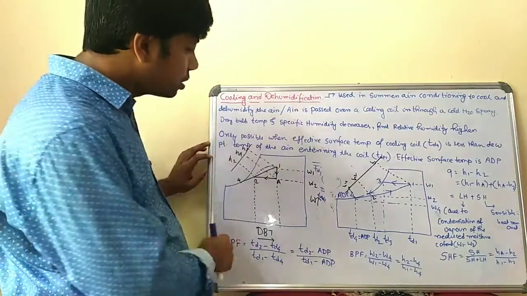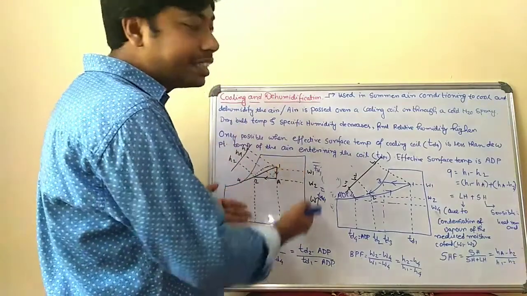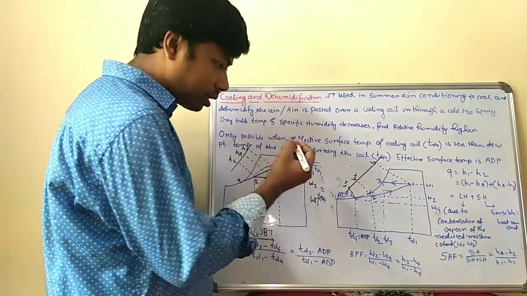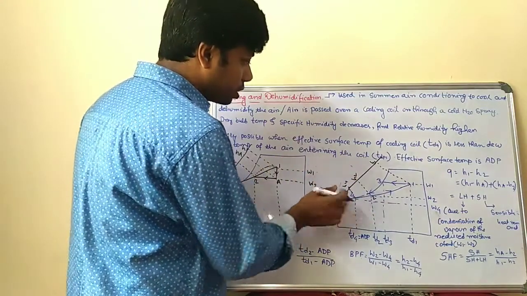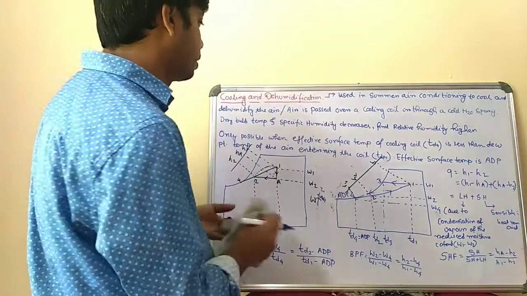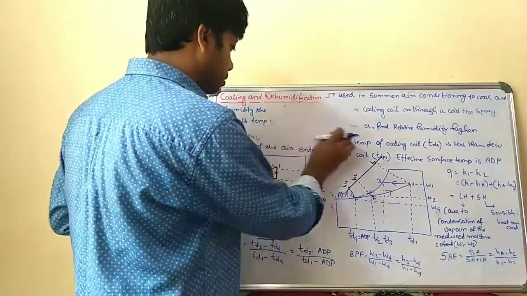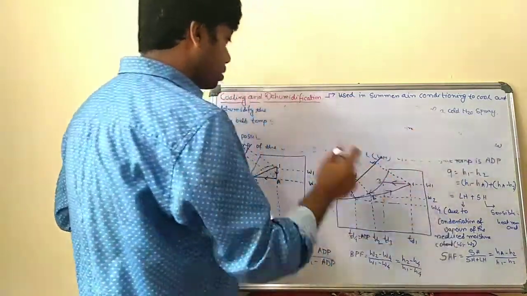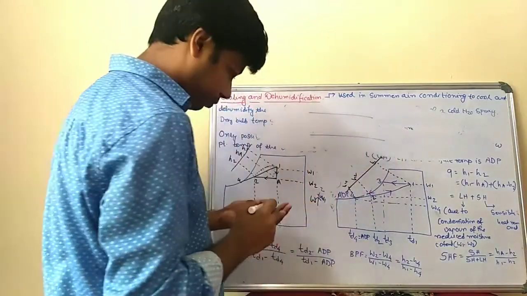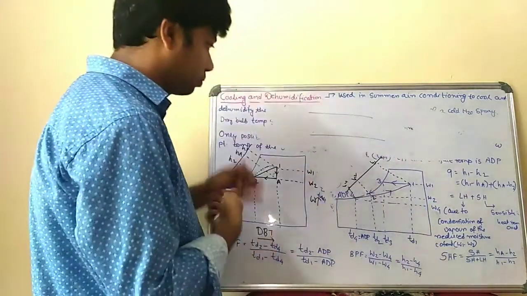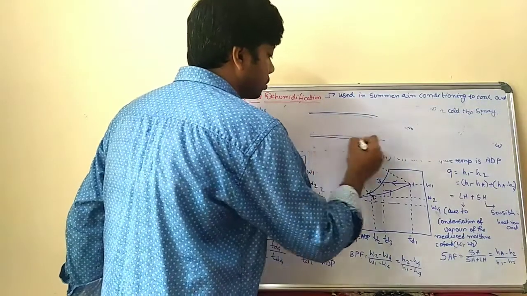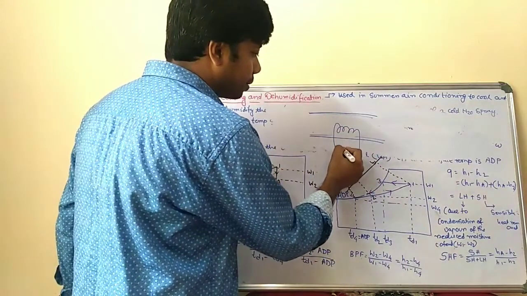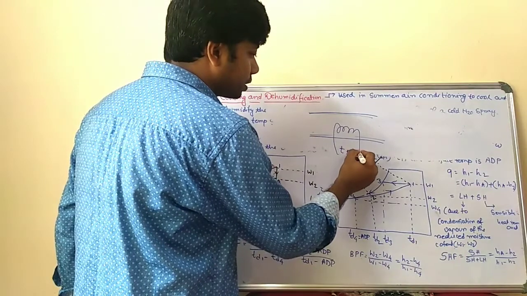Now suppose this is your psychrometric chart in which the cooling and dehumidification process is shown in this diagram. When the air enters through a particular duct on a system, suppose this is your system, this is the cooling coil temperature, that is TADP, meaning apparatus dew point temperature.